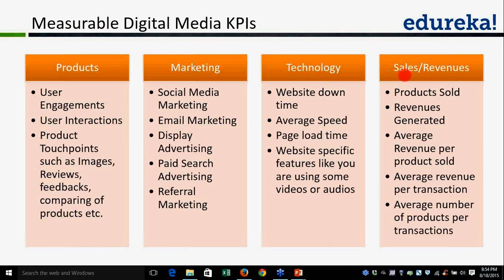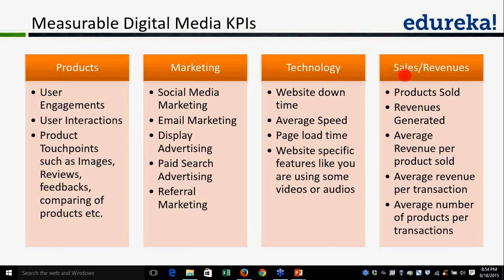Say for next time, right now I am selling my product at say $300 per product sold. I have to increase it to $400 per product sold. Then I will work on the strategy of how it can be done. Probably I can increase the price of a product, but if the competition is selling cheap, then maybe it's not the best strategy. So maybe I can add some value by selling shoes, and I can sell polish as well.